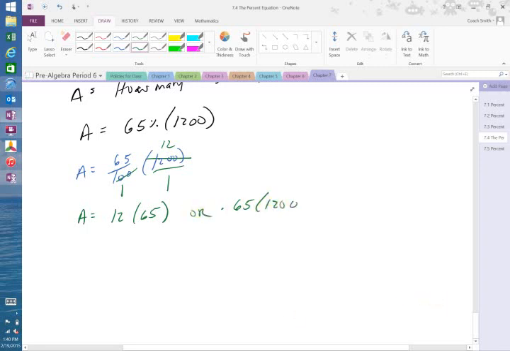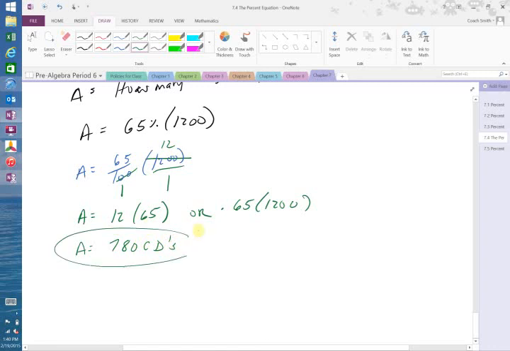Those are the two ways you can do this problem, and they're both going to get the same answer. Wait, so the answer is 780? Yes. So A is equal to 780 CDs.